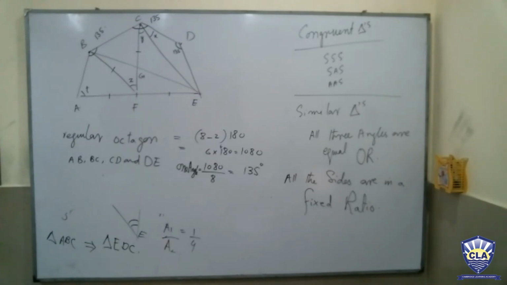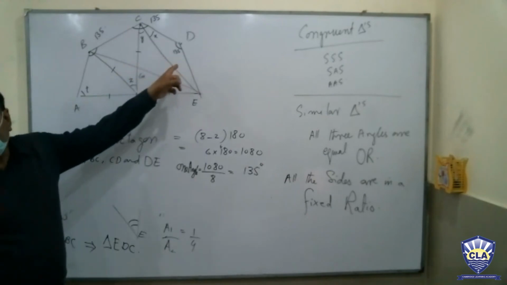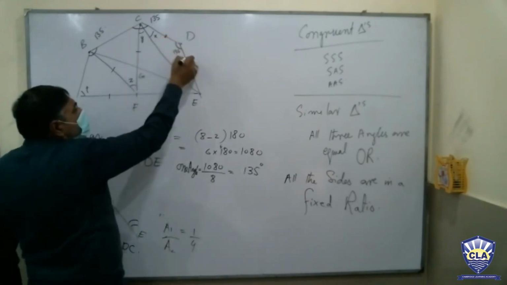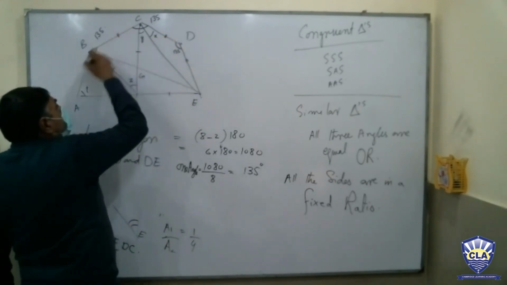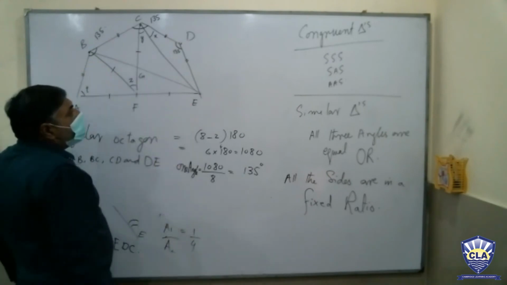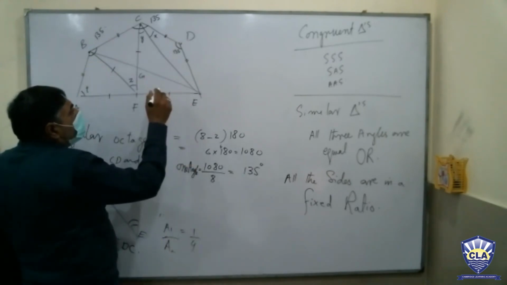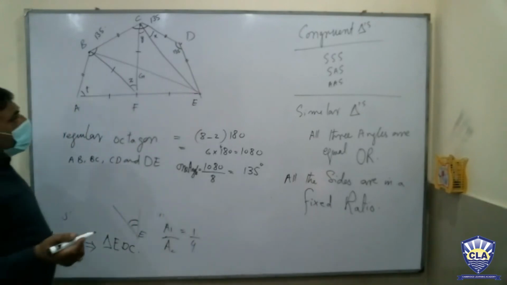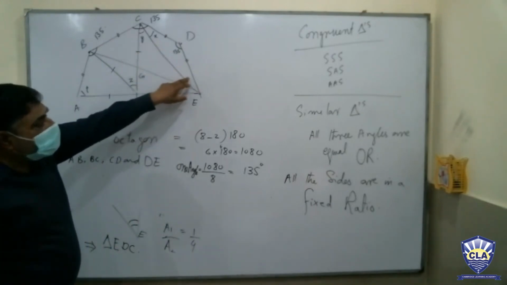Maybe, maybe not. 135. Subtract it from 180. Both the sides are equal. 45, 45, and 45.